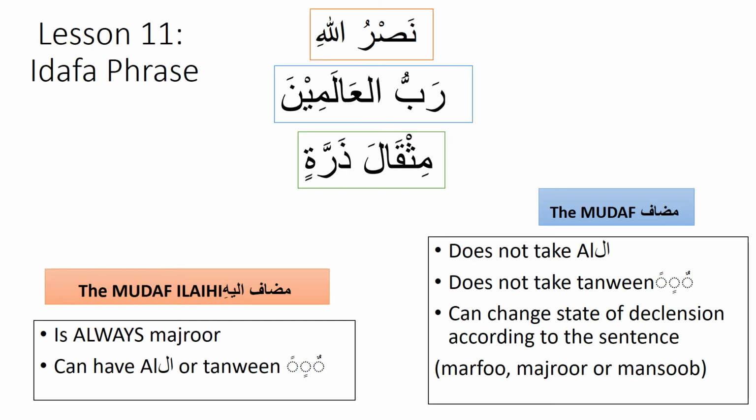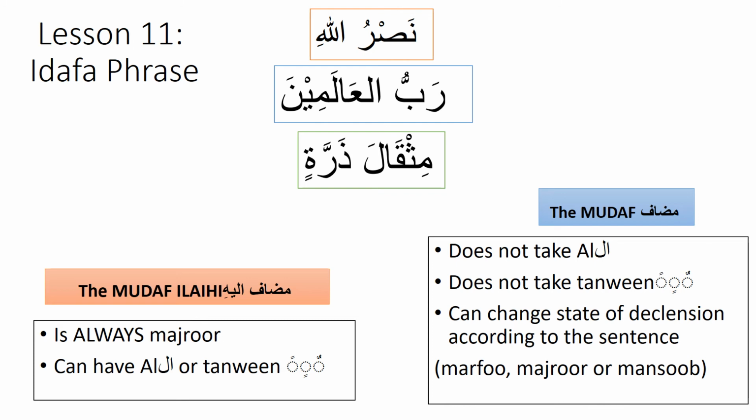Lesson 11 is about the idafa phrase. So we know that the idafa phrase is a very useful phrase to denote connection or possession between two nouns. So Nasrullahi, okay, the help of Allah. So we know that it follows very specific rules.